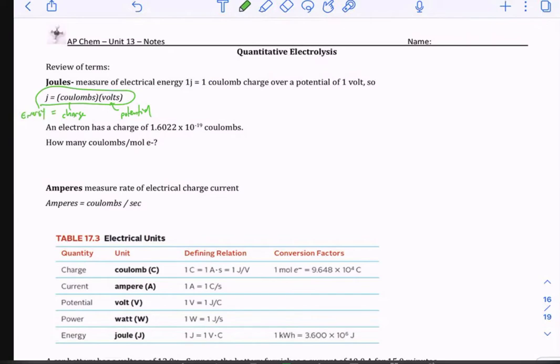One single electron has a charge of 1.6 times 10 to the negative 19th coulombs. How many coulombs are there per mole of electrons?